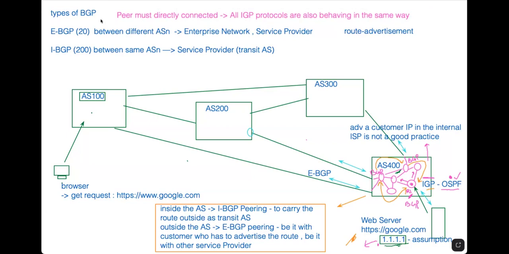Whereas when we talk about IBGP, it is not necessary that the peers must be directly connected.